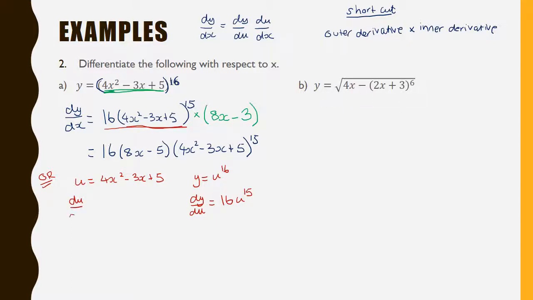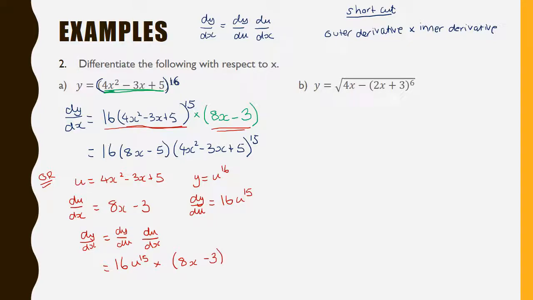We differentiate du with respect to x. That gives me 8x minus 3. And we'll notice this is the same as what we get when we differentiate the inside function here. Then the chain rule says that to find dy/dx, we have dy/du multiplied by du/dx. dy/du is 16u to the power of 15 times du/dx. Make sure we've got it in brackets.